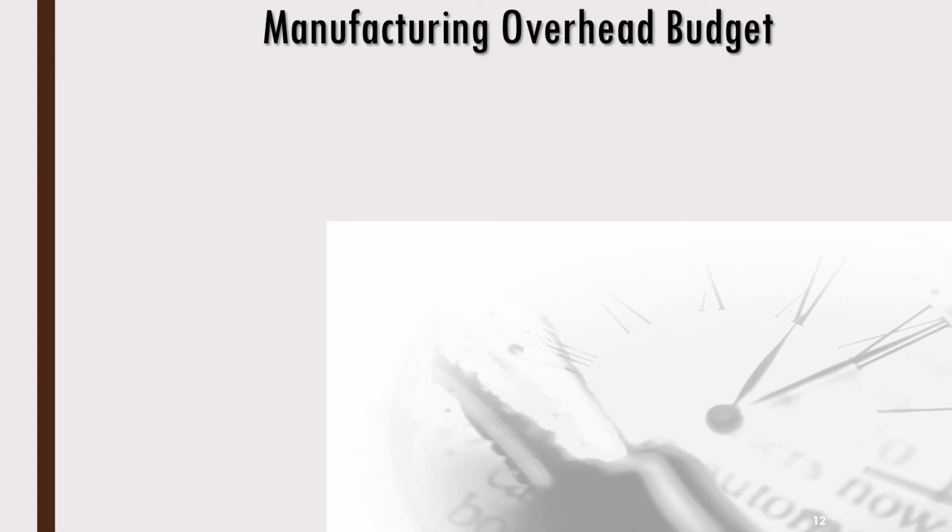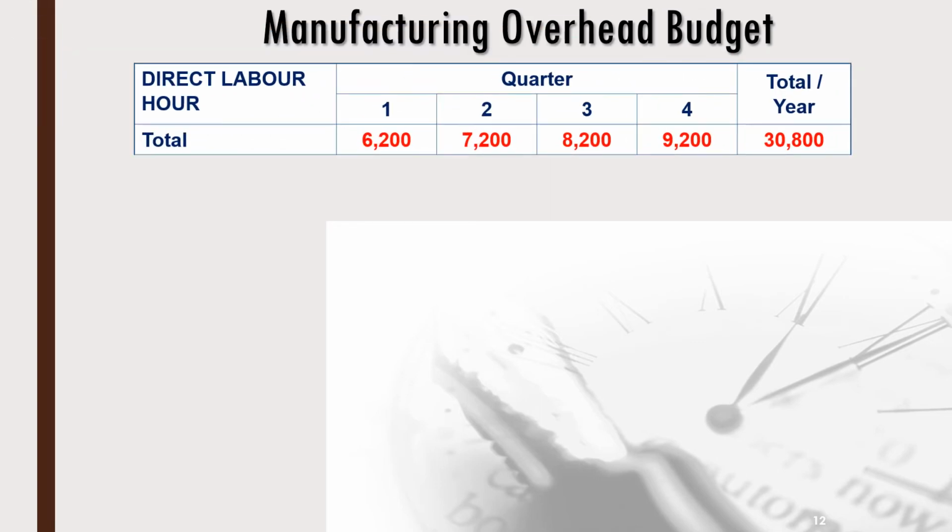Manufacturing overhead budget consists of two parts. Those are variable costs and fixed costs. First of all, we calculate the variable cost part. Based on the question, the variable cost is related to direct labor hour.